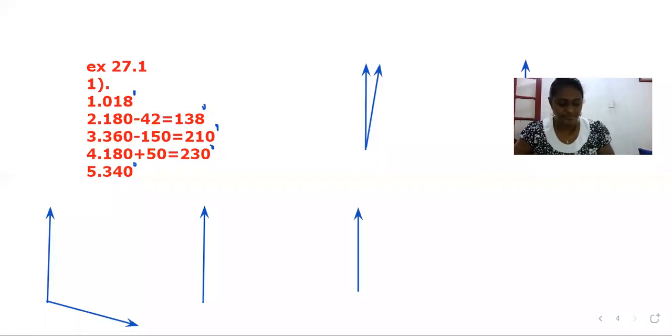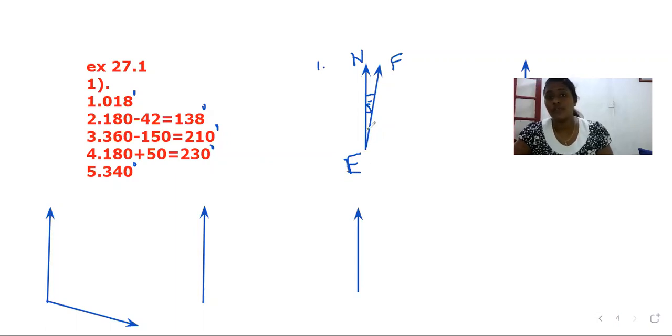Second question. The bearing of F from E is 5 degrees. Now we'll consider this as first, then here north. So you are getting such a value. The bearing of F from E. F here from E, so E must be there.